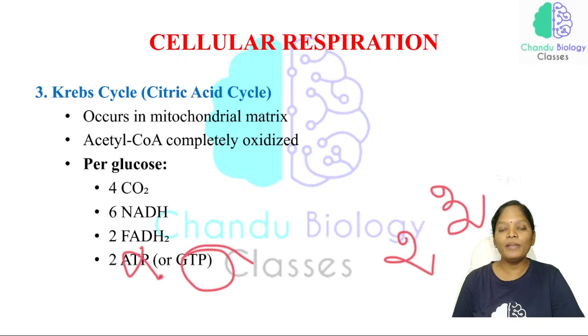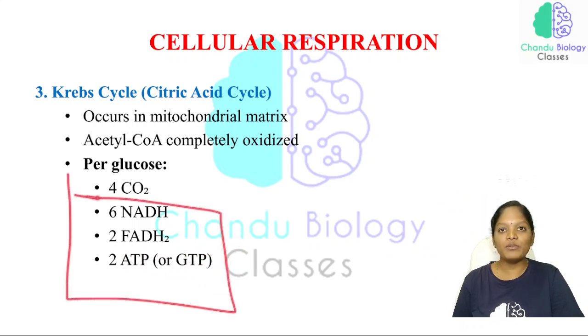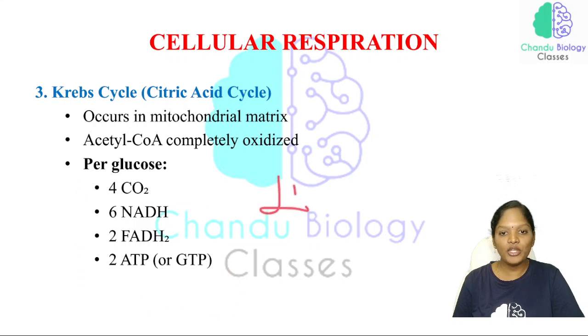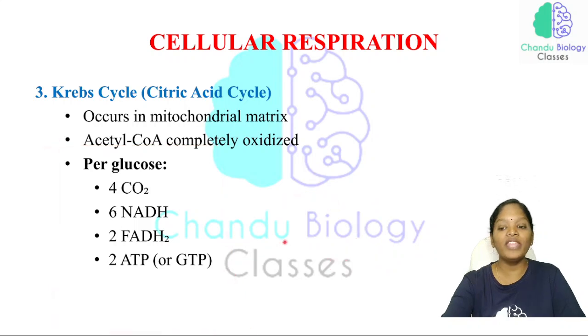Here they do not produce ATP, but instead a GTP, which is also an energy molecule. So this can be expected in our exam. Kindly make a note of the end products.